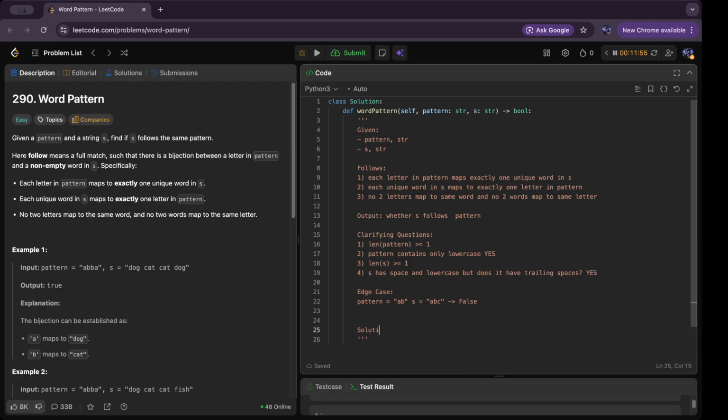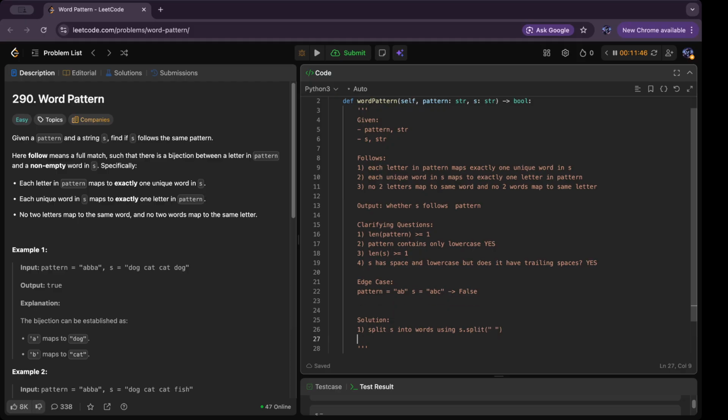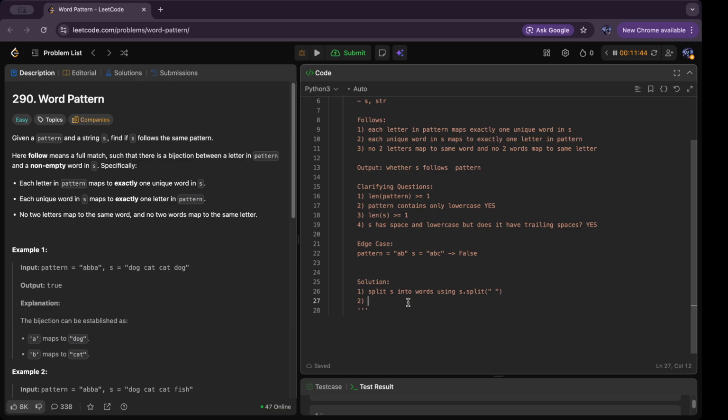So solution: split s into words using s.split, and then if the length of pattern is not equal to the length of words, then false.